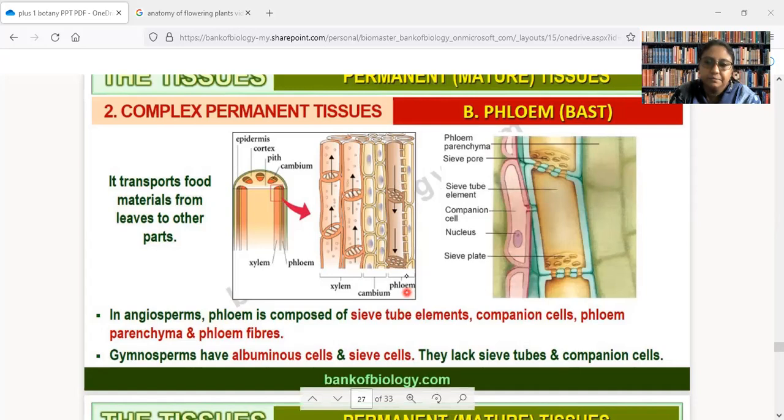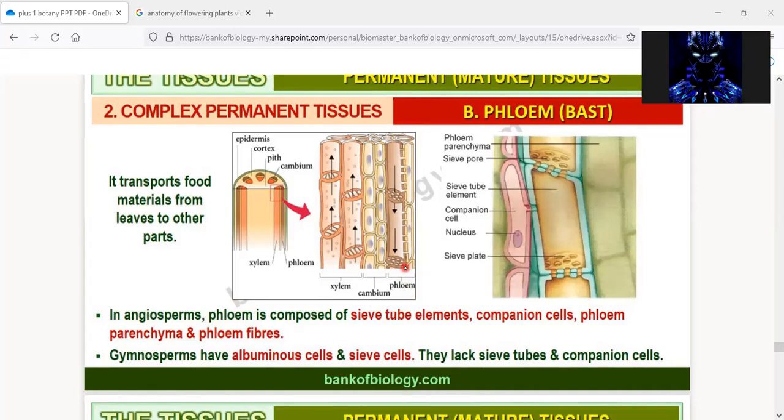Ma'am, can you repeat that companion cell part? Yes, definitely. Companion cells are, as their name suggests, true companions of the sieve tube. That means, what do we call a companion? Who is called a companion? One who gives us support, one who is always with us, right?